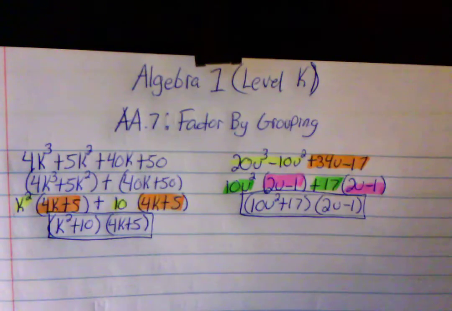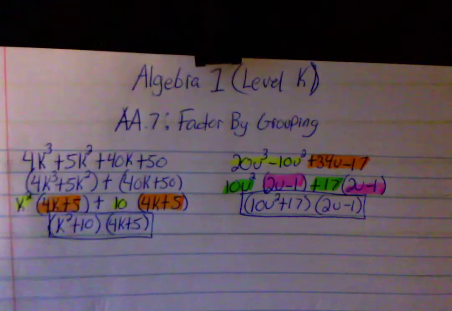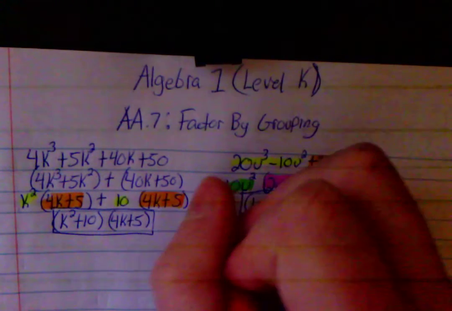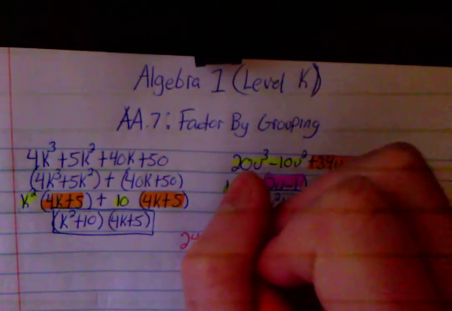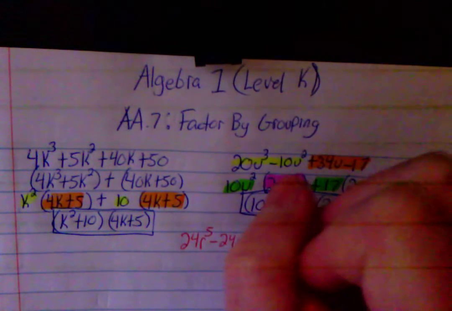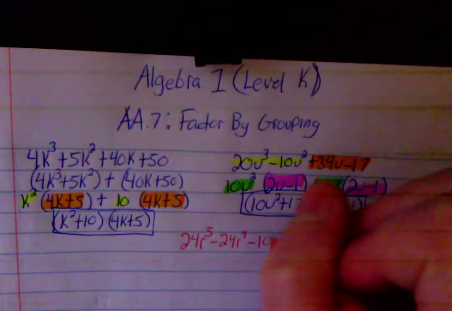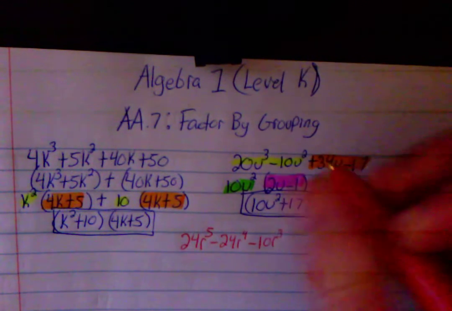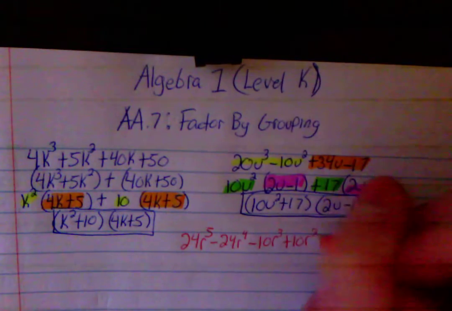And I will do a final question here. So let's say I have 24r to the 5th minus 24r to the 4th minus 10r cubed plus 10r squared.